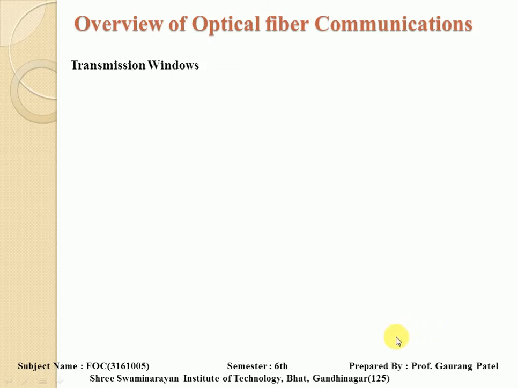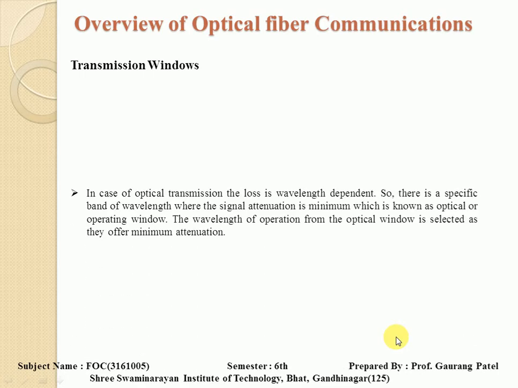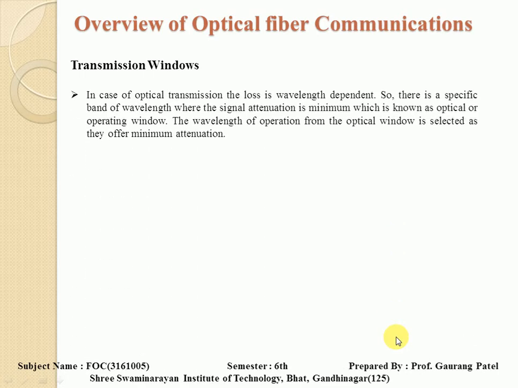Now next topic is the transmission windows. In case of optical communication, the loss is wavelength dependent. Means for some specific band of wavelength, the signal loss is minimum, and for some wavelength range, signal loss is high.